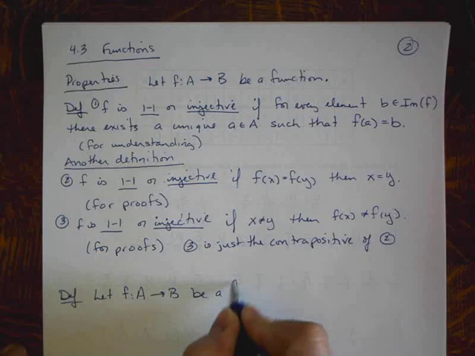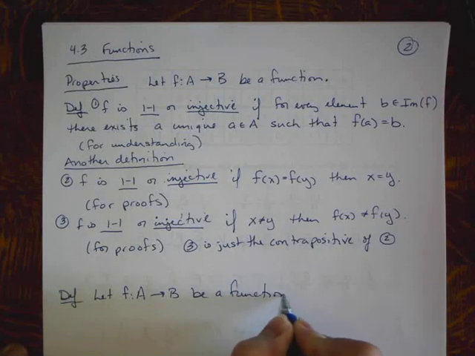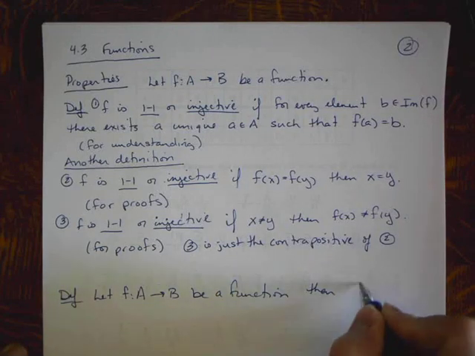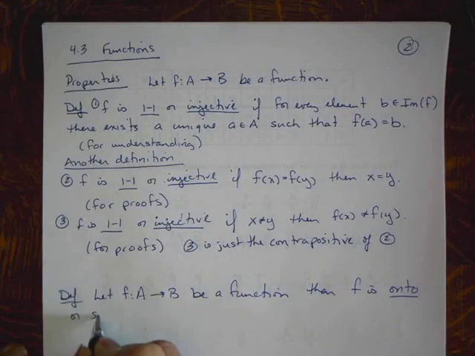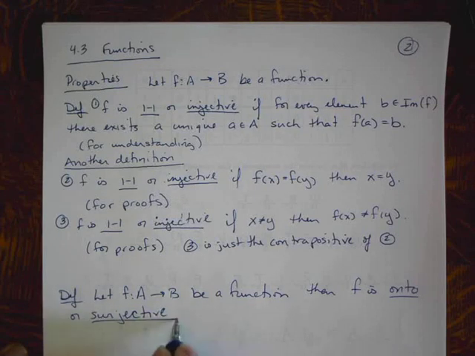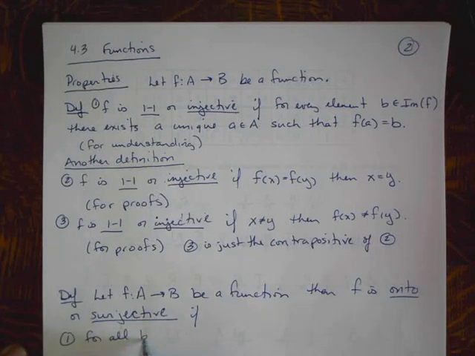Okay, let's talk about surjective or onto. So here we go. Definition. Let f be a function. Then f is onto or surjective. Notice the sur for on. Surjective if, let's do two definitions once again.